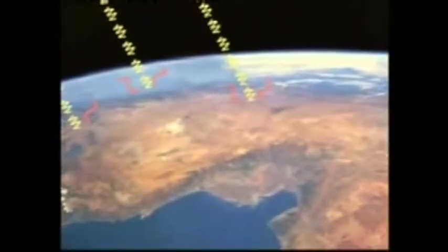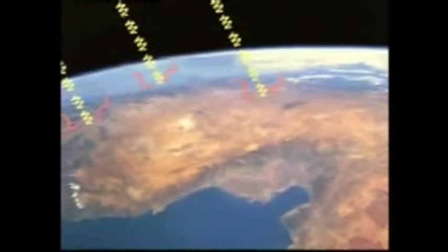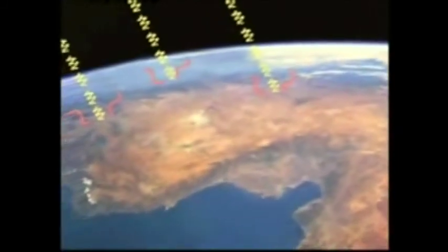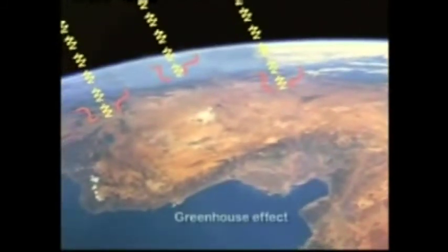Most of this infrared is absorbed by air particles, and the net result is a warming effect on the atmosphere. So the atmosphere lets the light energy in, but traps the heat energy radiated back from the Earth's surface. This is the greenhouse effect.